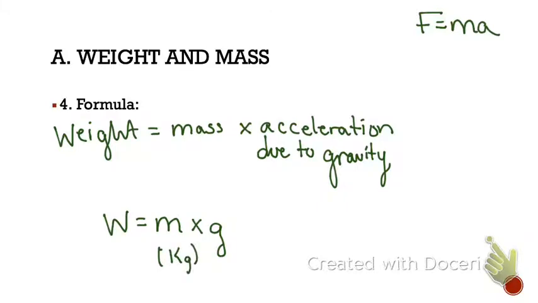And because g stands for not gravity, but acceleration due to gravity, it's still an acceleration, so that's meters per second squared. That leaves us with what our unit for weight is. We're used to thinking of weight in pounds, but the SI unit that we work with weight in science is newtons, because again, weight is a force.